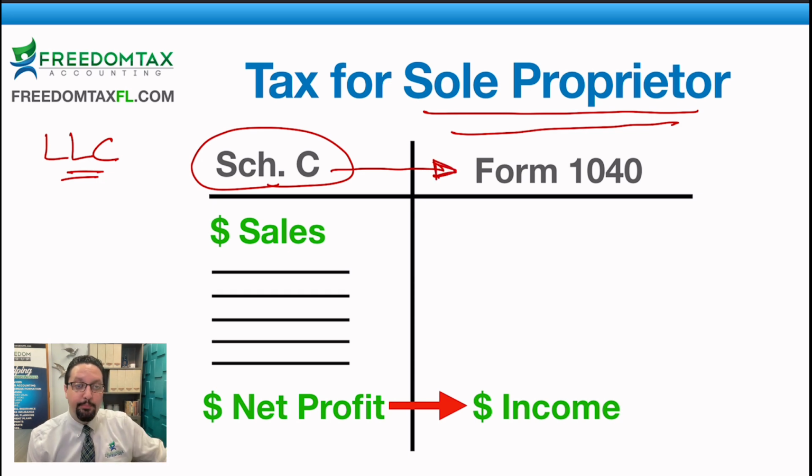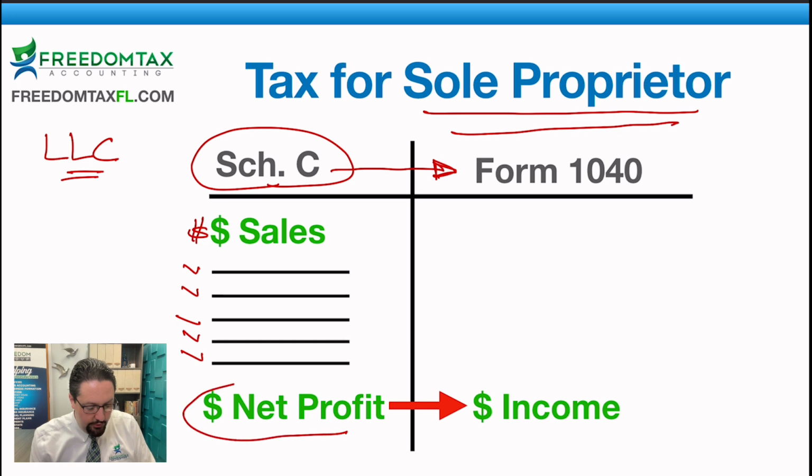It's not a separate tax form. The Schedule C goes inside your personal taxes. And how does the Schedule C work? You report your total real estate commission or sales of the year. Then you have all your business expenses.